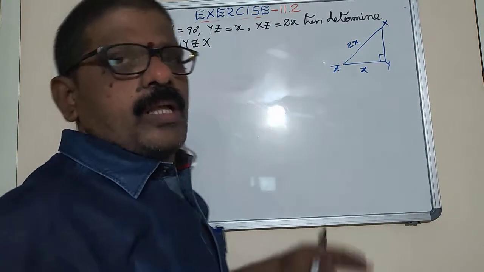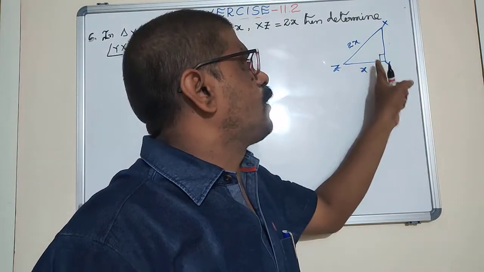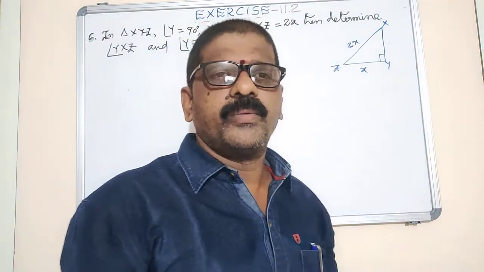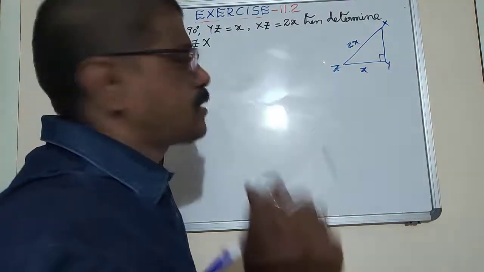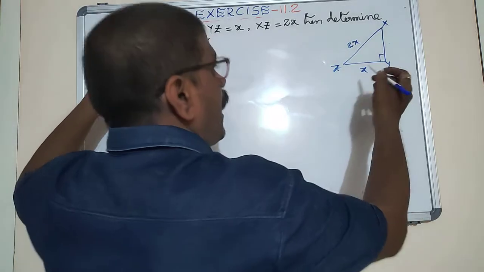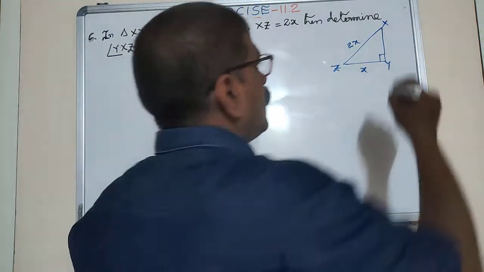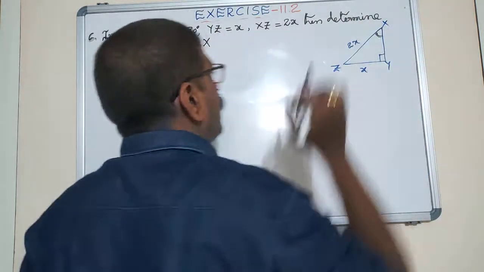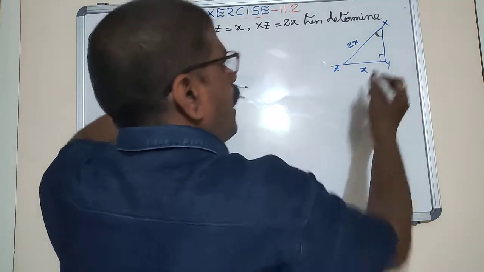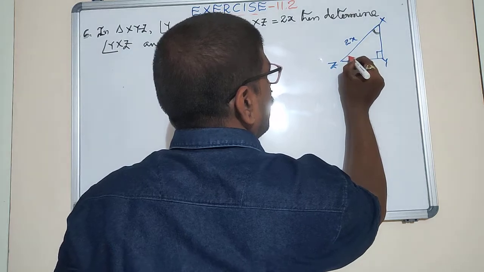That's very simple. By the Pythagorean theorem, hypotenuse square is equal to side square plus side square, or using trigonometric ratios. So we have to find those angles. So angle YXZ, we have to find this one. The next one, angle YZX, that means this is another angle.